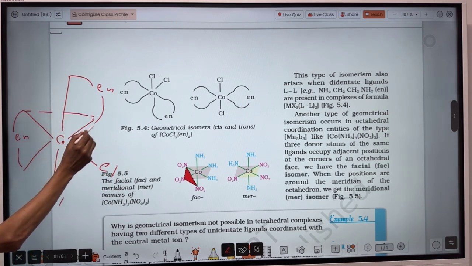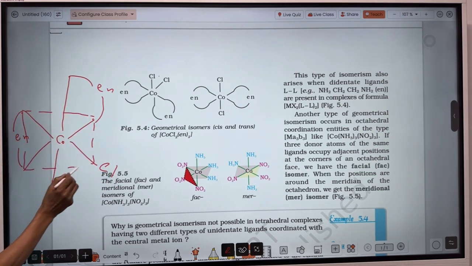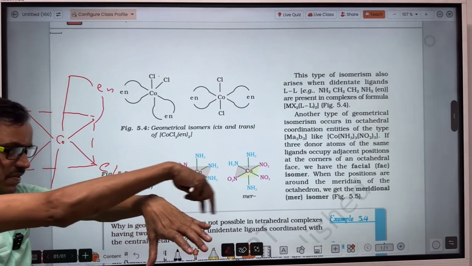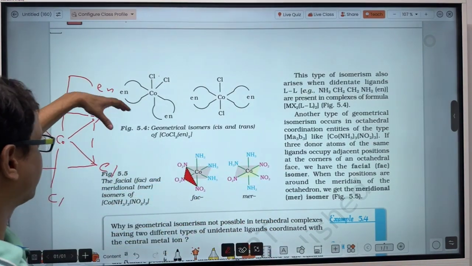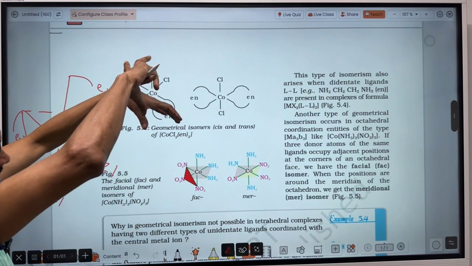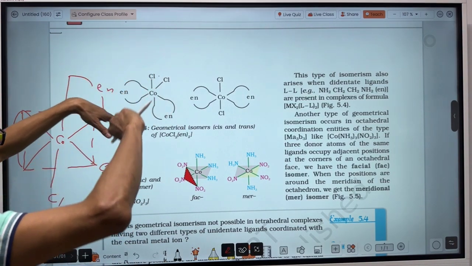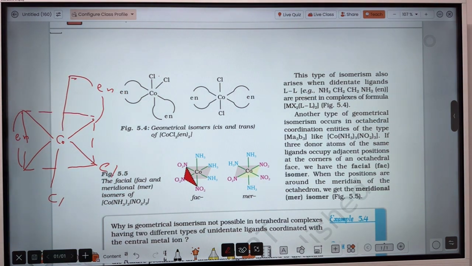So in this case also, this bidentate ligand is on this plane, and this bidentate ligand is on this plane, at any of the corners like this or like this. So here they are on two different planes. That's why it is cis.